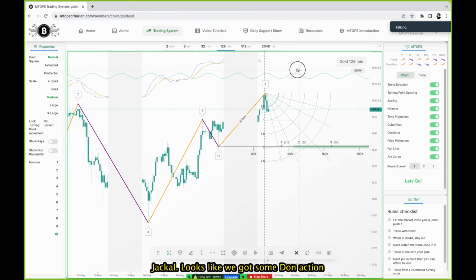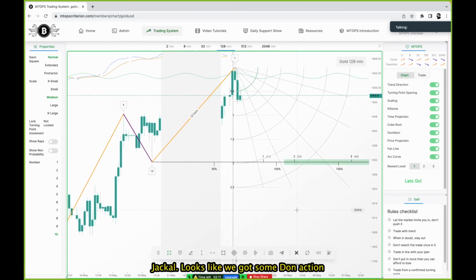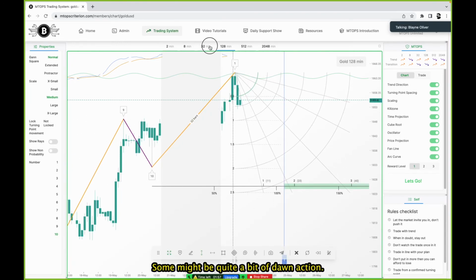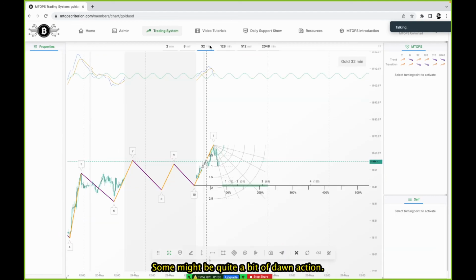Okay, cool. Looks like we got some down action on the gold. Again, we got to get it past there, so it might be quite a bit of down action. But the TTI is saying to rather hang back.